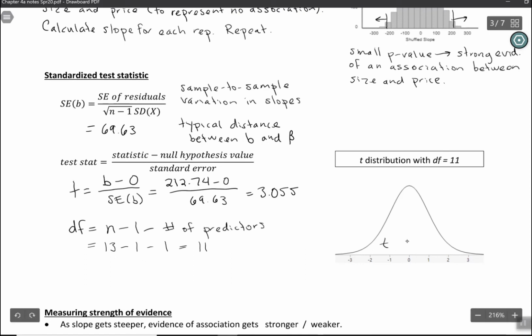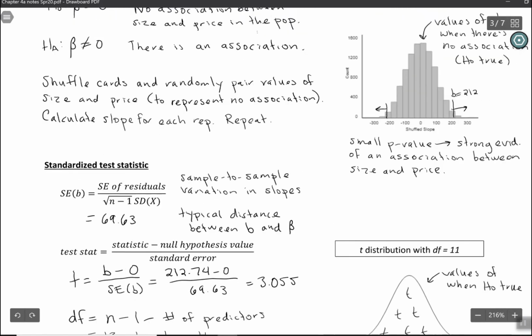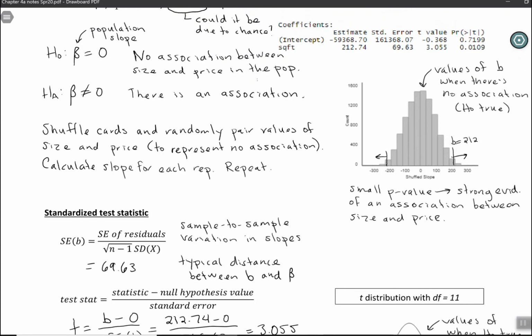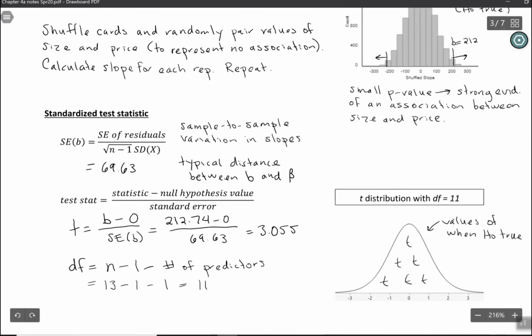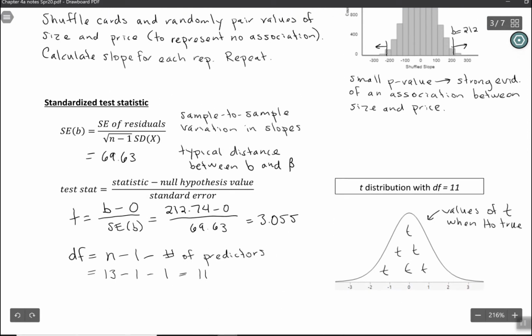Basically what this theory-based distribution shows you are the values of t that you would expect to get when the null hypothesis is true. So this is serving the same purpose as the simulation. That was showing you the values of the slope that you'd expect to get when the null is true. This is doing the same sort of thing except in terms of the t statistic.